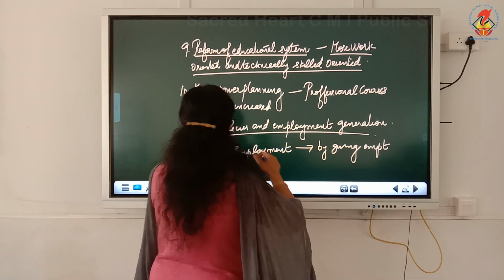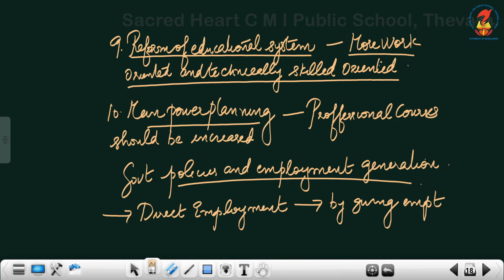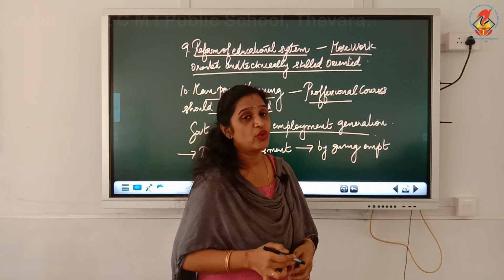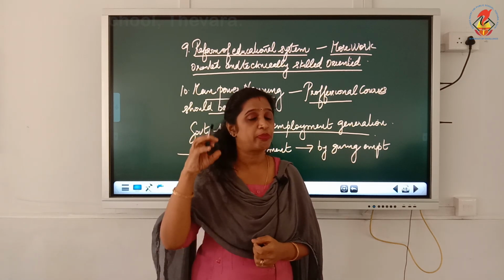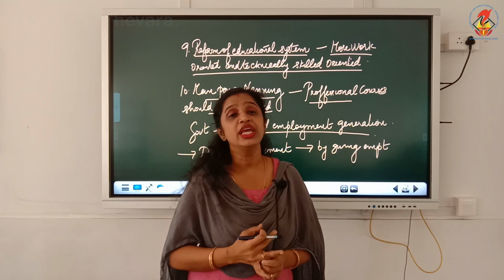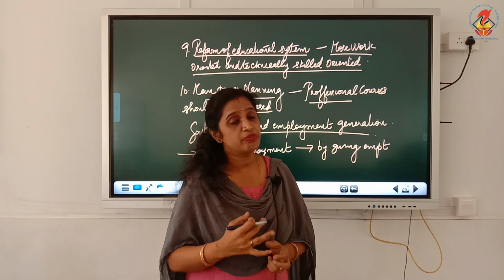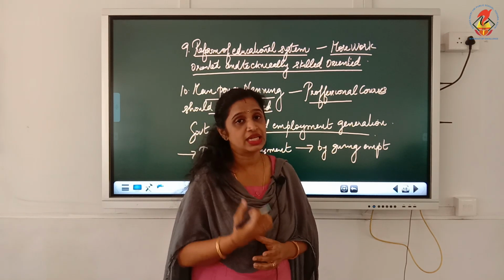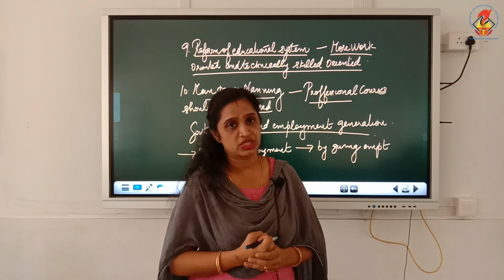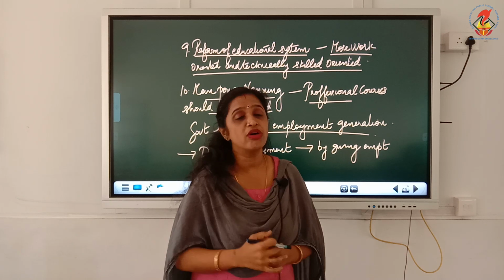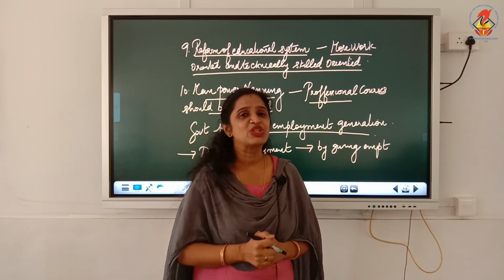Next is manpower planning. Professional courses should be increased in our country. Human resources should be generated in such a way that professional courses are given importance. If professional courses are encouraged, more manpower planning will be possible, and thus the problem of unemployment will be solved.